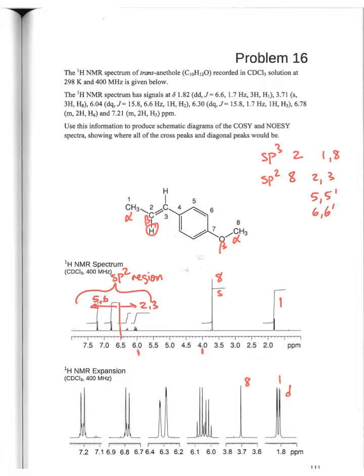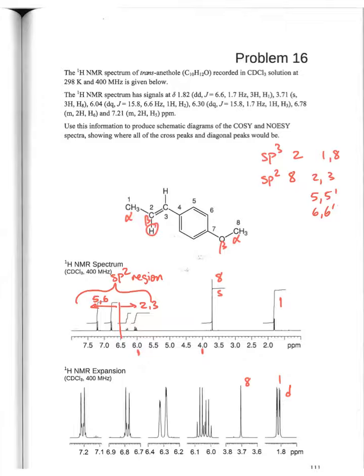What do you think the peak between 6 and 6.1 belongs to? So 2. Can you explain why? Because it has 4 neighbors, so it's gonna be like 4 plus 1, 5, so it's gonna be like a multiplet. Right. And so look at the one between 6.2 and 6.4.